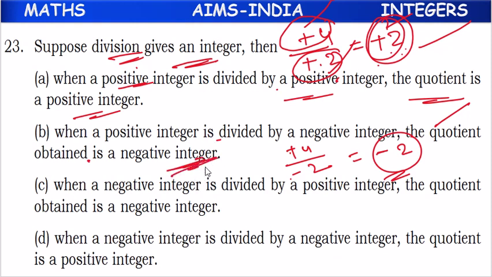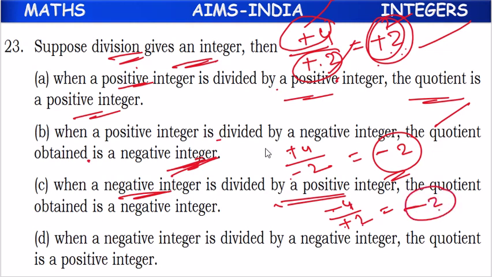When a negative integer is divided by a positive integer, the reverse, minus 4 by plus 2, here also minus by plus gives minus, 2 times 4. Positive by negative is negative only, negative by positive is negative only. In both cases, the quotient will be a negative integer.